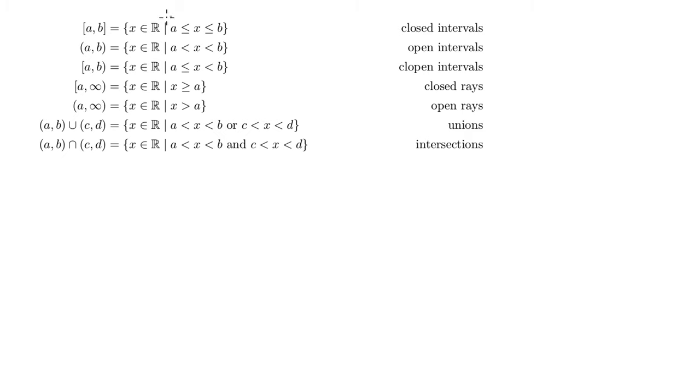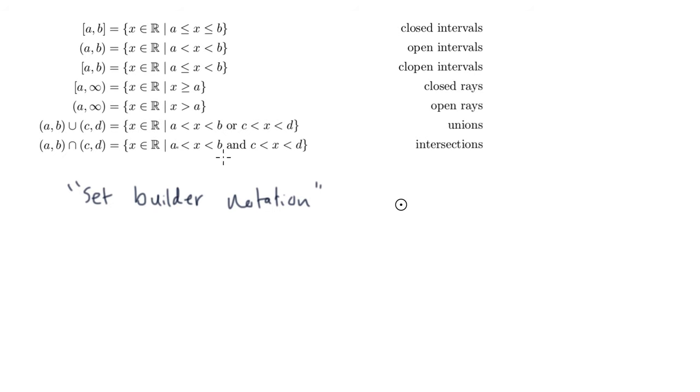On the right-hand side here, I'm using this set builder notation. So we'll see this time and time again, and especially if you go into any more advanced math classes, it comes up a lot more. But the idea here is that I'm saying I want a real number x, so an x that's in the real numbers, such that some property of x is true.